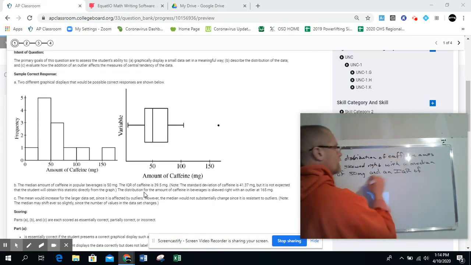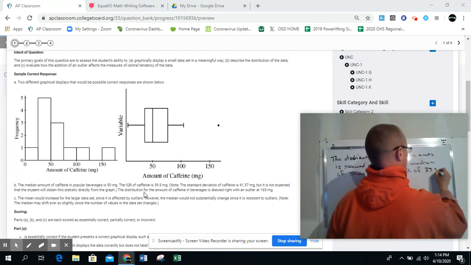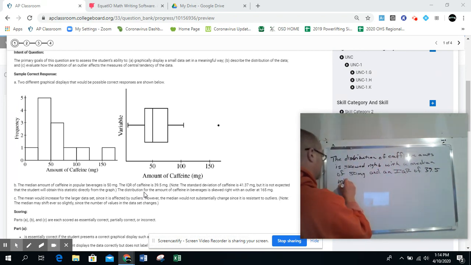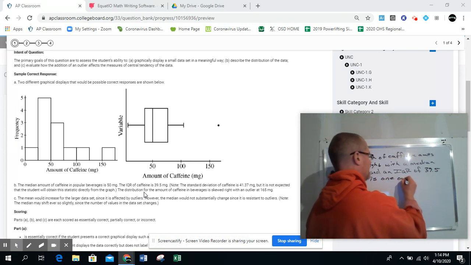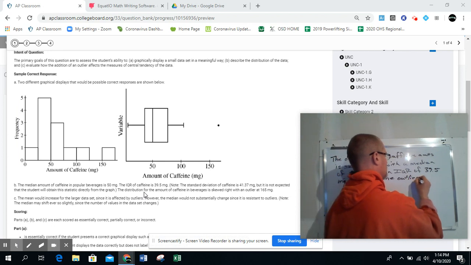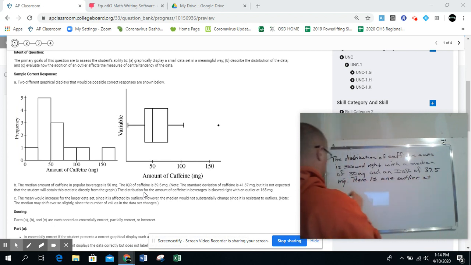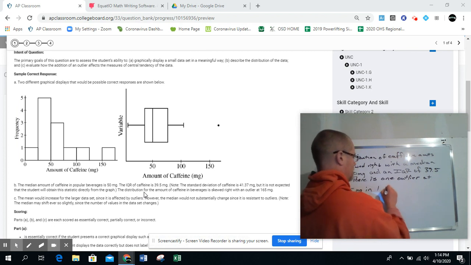Yep, 39.5 milligrams. There is one outlier at 165 milligrams in one 12-ounce serving.